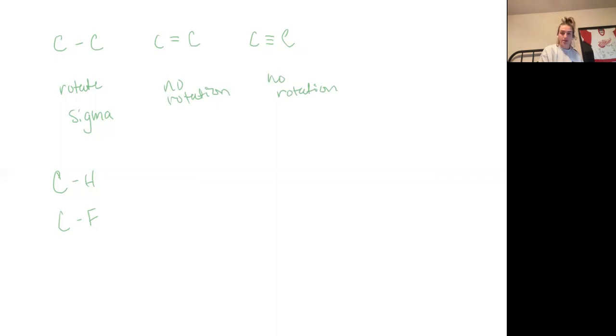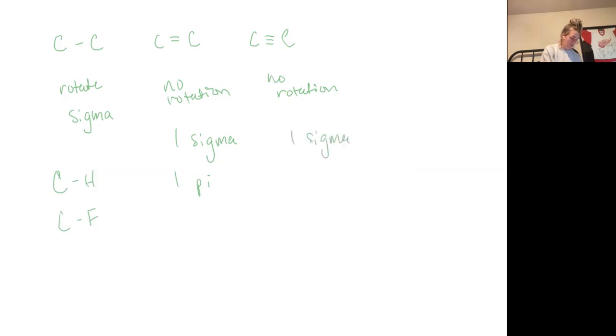How many sigma bonds are in a double bond? Good, there is 1 sigma, and how many pi bonds? Good, 1 pi bond. What about for a triple bond? How many sigma bonds are in the triple bond? Good, 1 sigma.